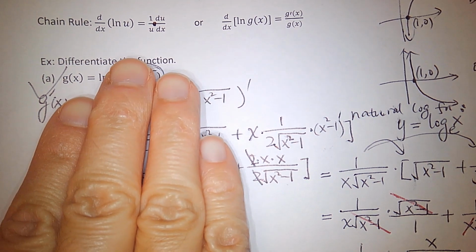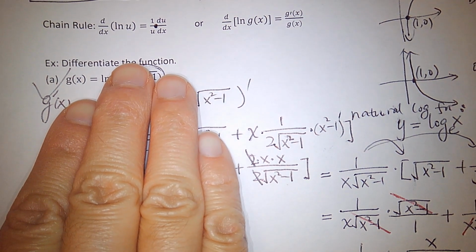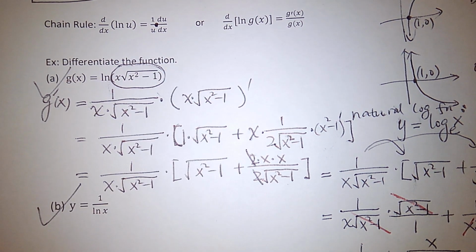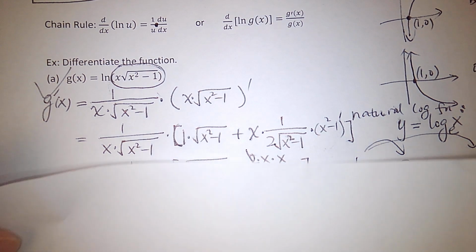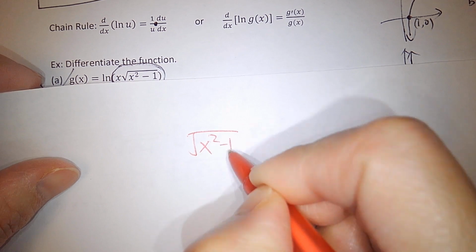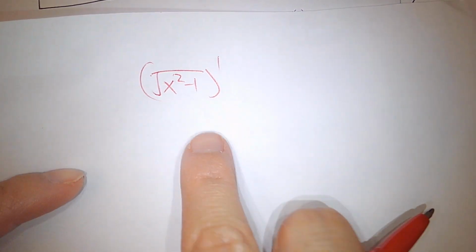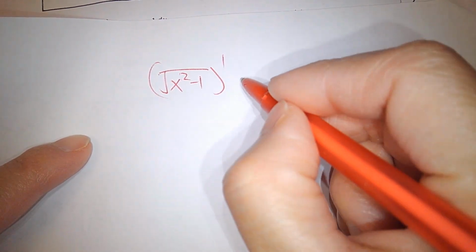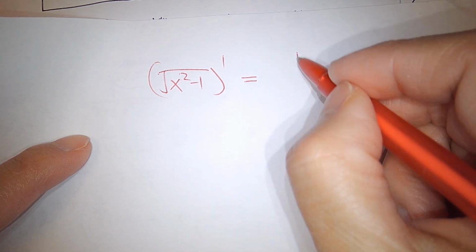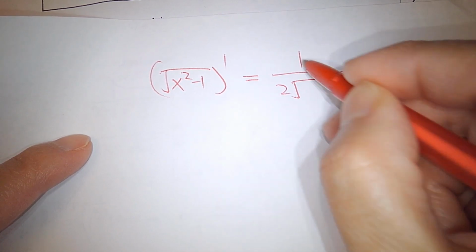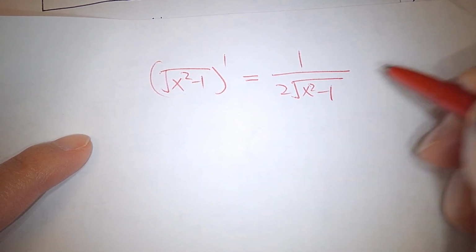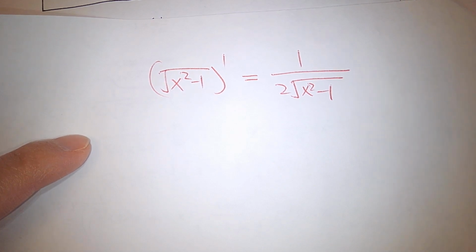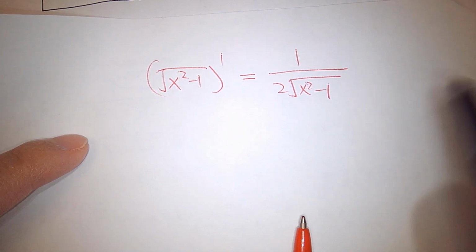Well, because we want to differentiate the square root, right? So, we have to use the chain rule. We're talking about just this part only, right? So how to do the derivative for this function? Can we just say this equals 1 over 2 times x squared minus 1, done? No!